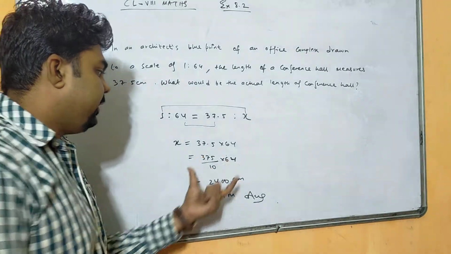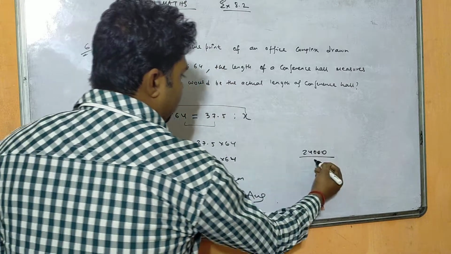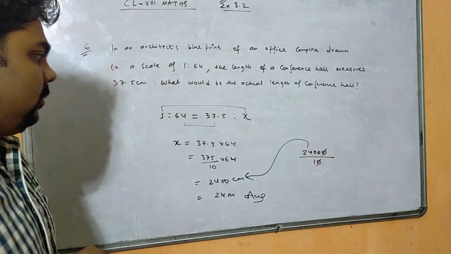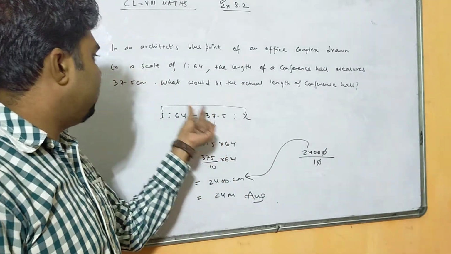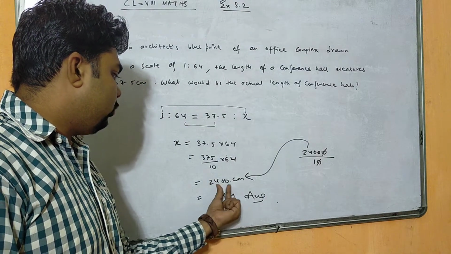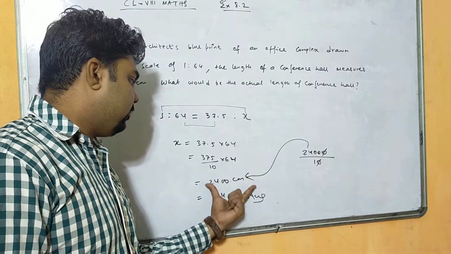When I multiplied here I got 24,000, right? And already this 10 was there, so I cancelled and directly wrote this answer here. So therefore 2400 was in centimeter, because this unit is in centimeter and 100 centimeter equals 1 meter. So in place of here I wrote meter. You can leave your answer up to centimeter also.